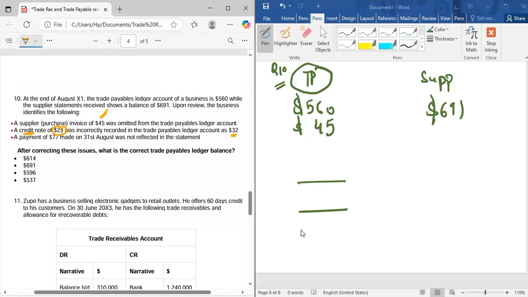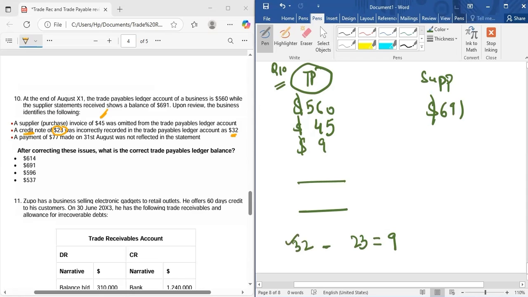We said that we have returned goods worth $32, but actually we had returned goods worth only 23. So this difference is coming of 9. So this should be added here, because we said that we will not pay 32, but in reality we will not pay only 23.